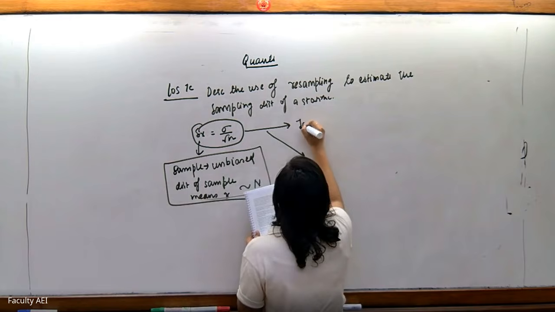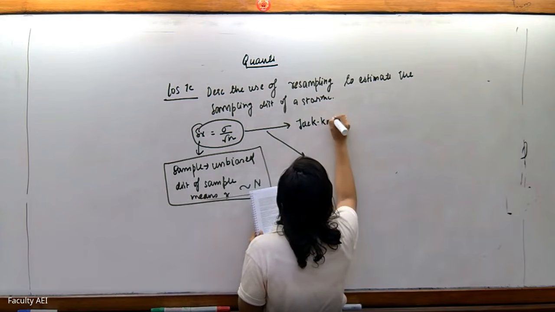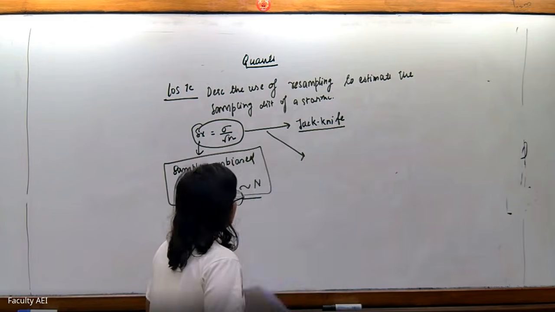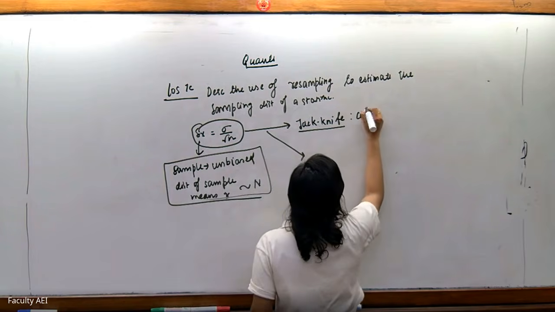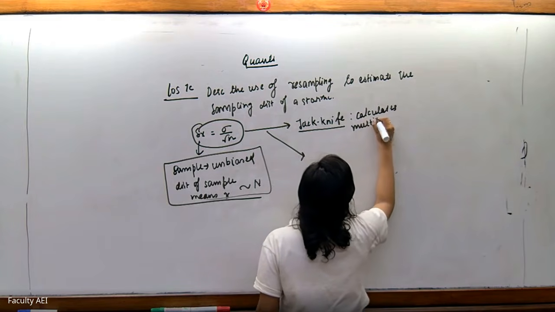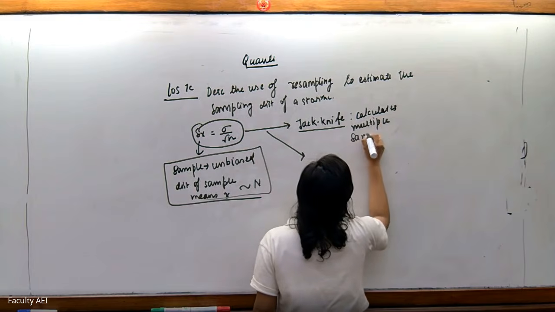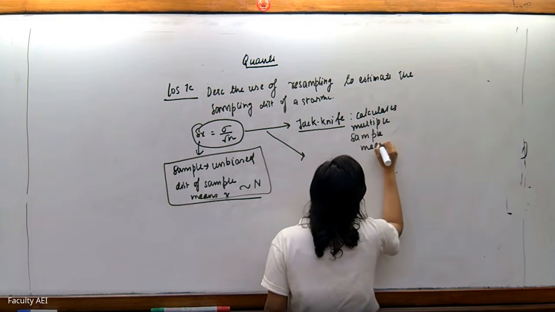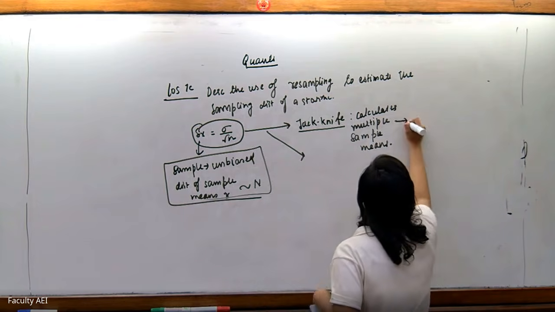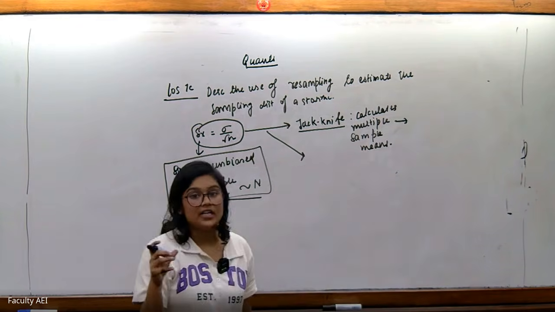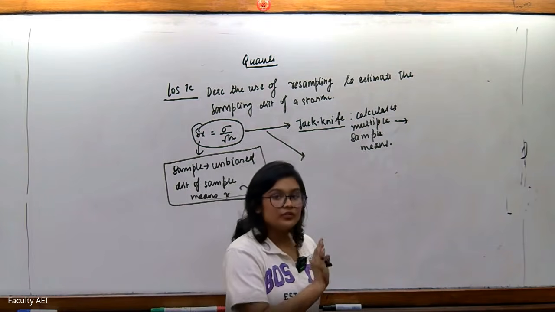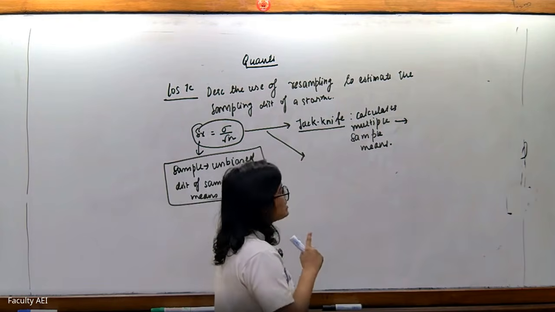The first of these is the jackknife method. What does the jackknife method do? It calculates multiple sample means. How? You have your sample of 100 values. Each time you remove one value and calculate the sample mean.